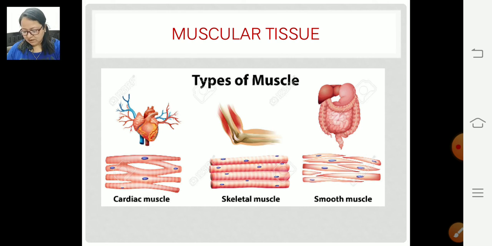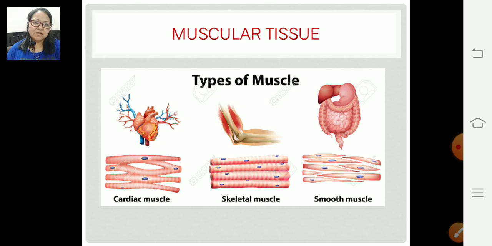So they are very specific and they never tire. It starts since birth, or even from the very first sign of life in the embryo. It starts the rhythmic contraction during the embryonic condition and lasts till death. So cardiac muscles have striations and are present only in the heart of the organism.